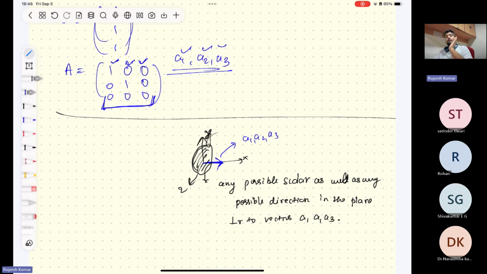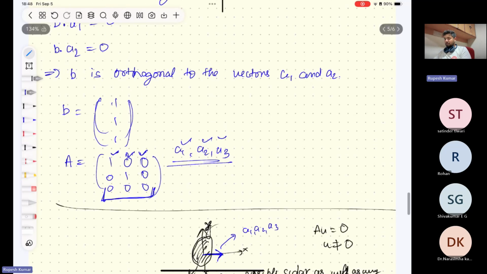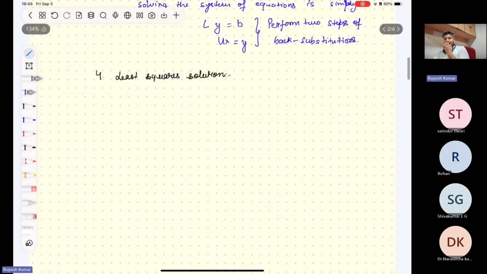Each will be a solution to the system of equations Au equals 0 such that u is not equal to 0. Fine. So this was the third case. I just geometrically showed what is essentially going on in the space.